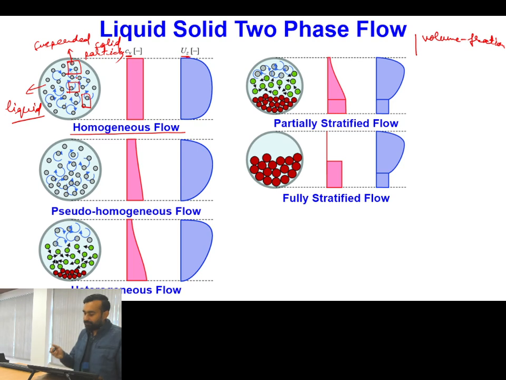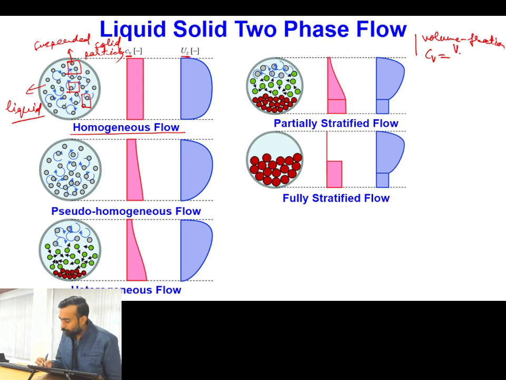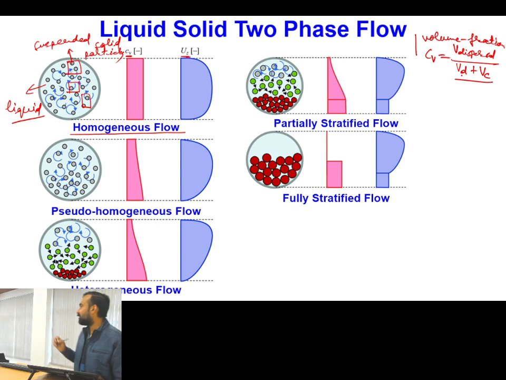So if I define volume fraction CV as nothing but the volume of dispersed particles divided by the total volume of the cell, that is dispersed phase plus continuous phase, that becomes my volume fraction.